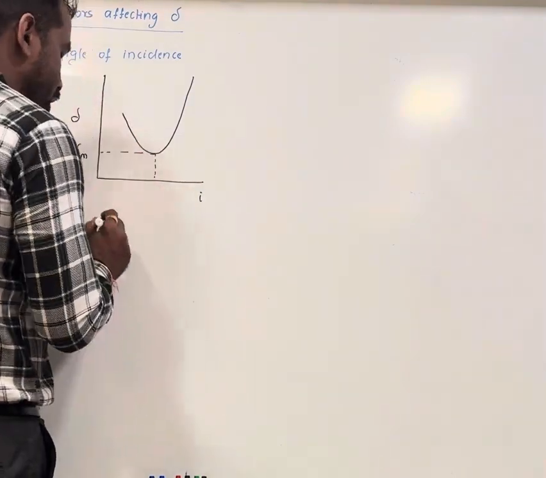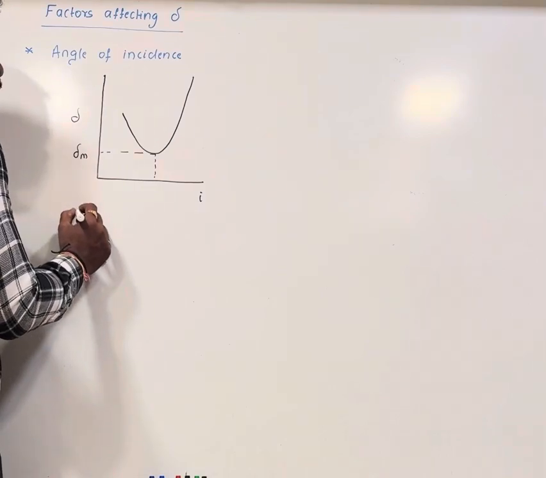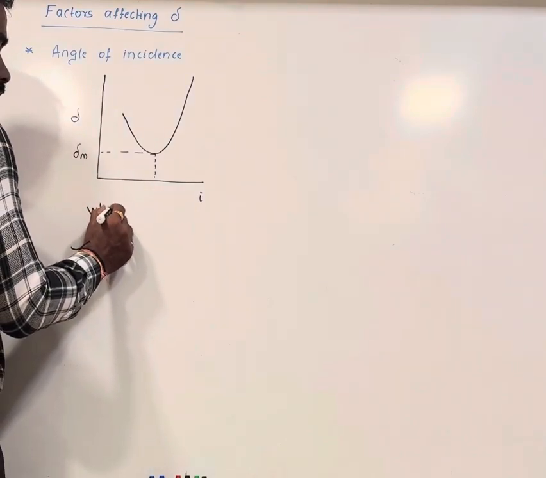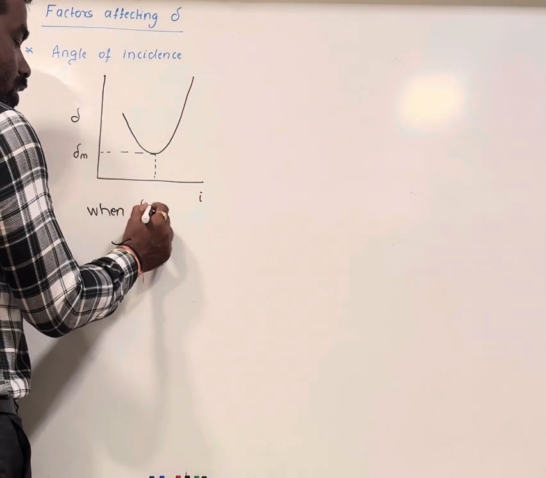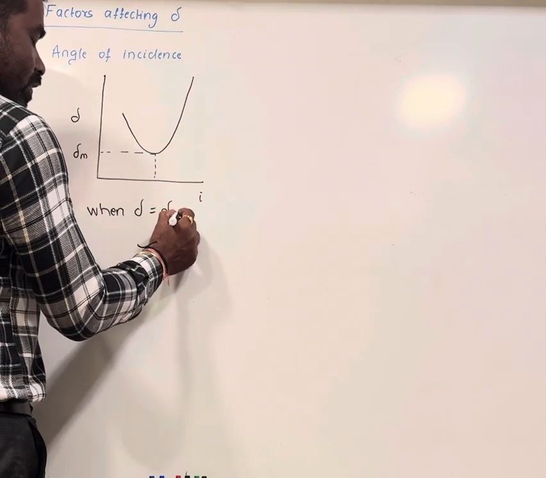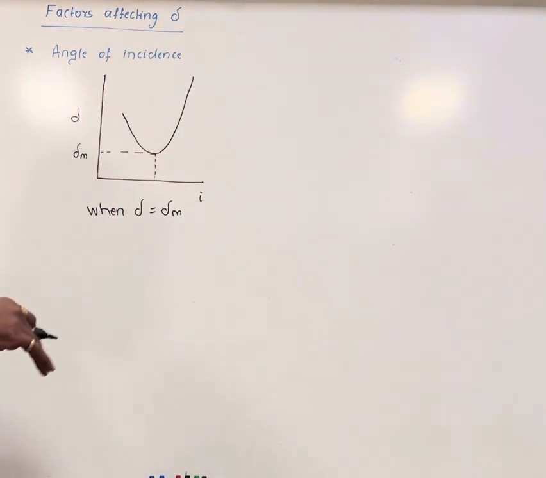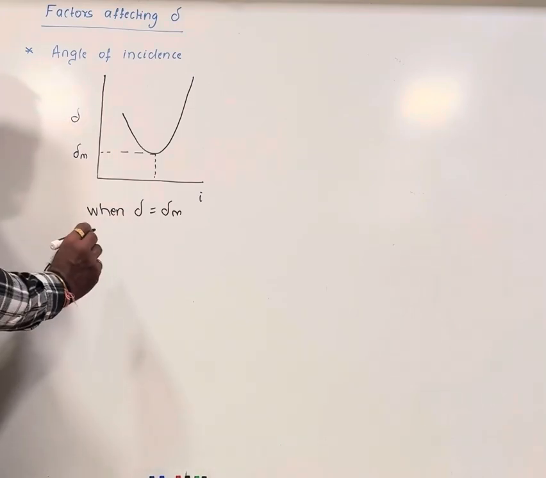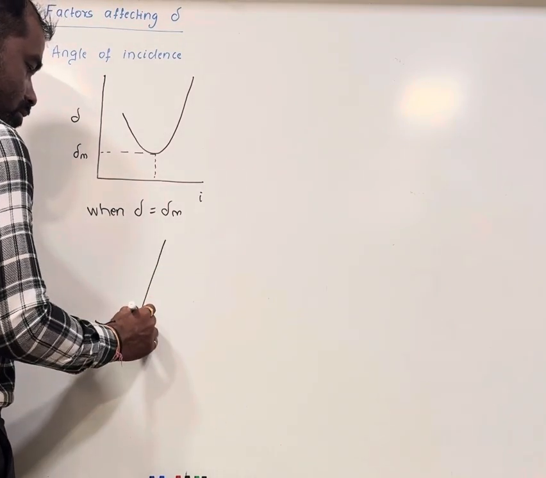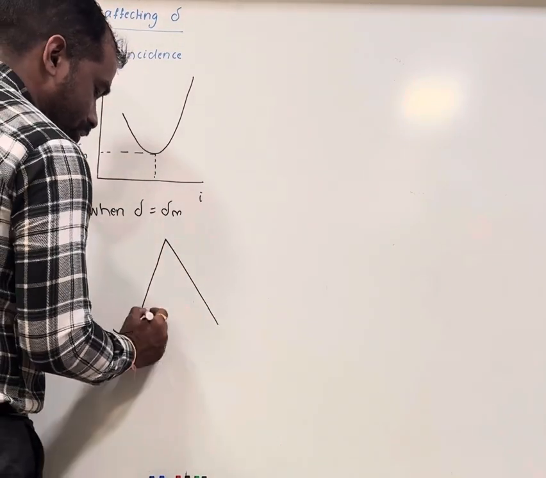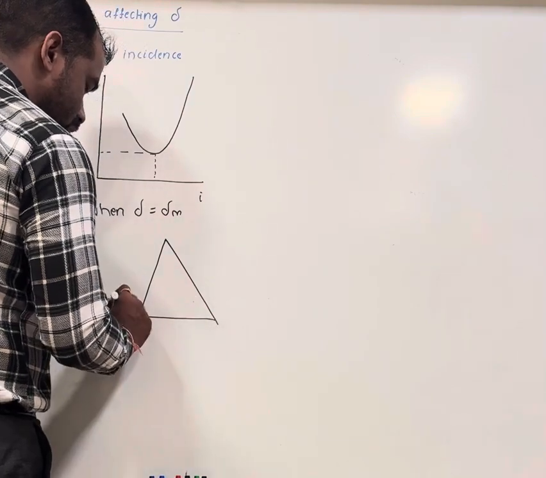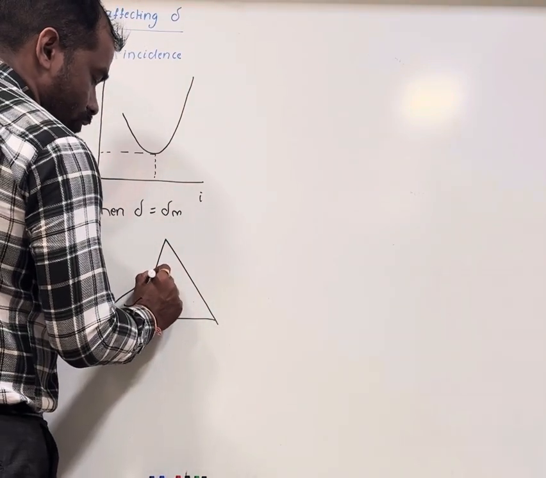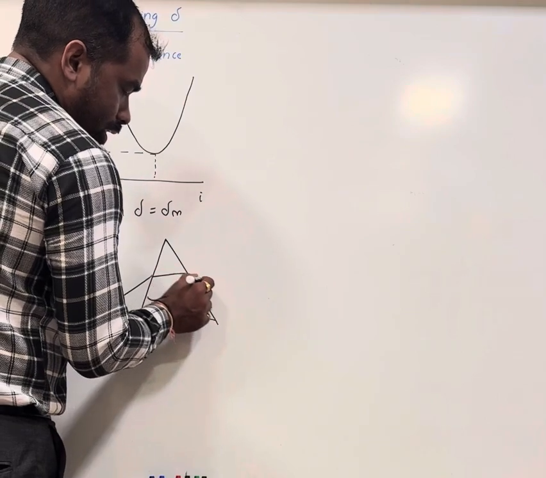And when angle of deviation is minimum, you will notice two things. When angle of deviation is equal to minimum deviation, in that case, you will notice this refracted ray. So this is incident ray, this is refracted ray, and this is emergent ray.